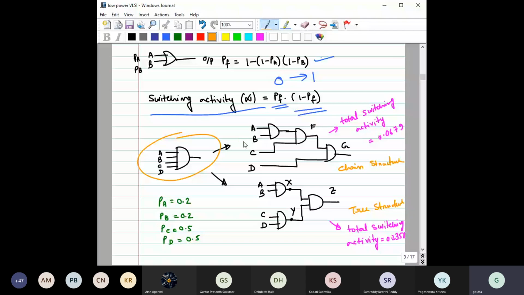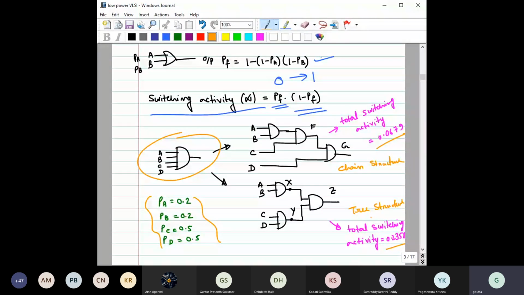So we split it into 2-input AND gates. We can see one design is like this, and the other design is like this. If the PA, PB values are like the ones we considered yesterday, then we have seen the total switching activity for this one and for that one, right? We are implementing the same function based on different designs, and you can see the switching activity of these two designs is very different.